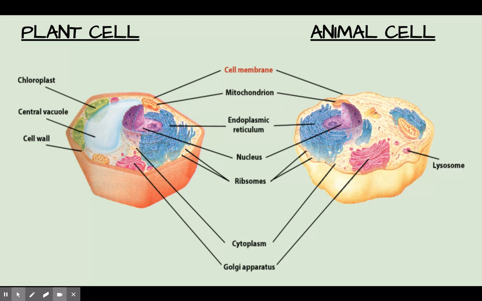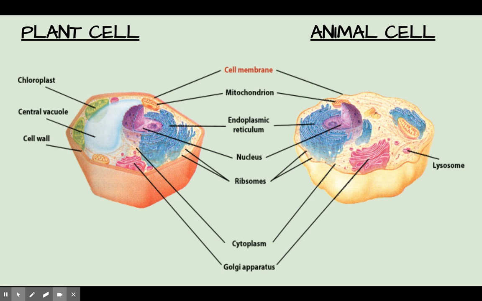So now that we've covered all the organelles, you're going to need to be familiar with them. I'm not asking you to know every single step of the process that each organelle does, but I need you to have a general overview of their function, okay? So be sure that you review these notes.